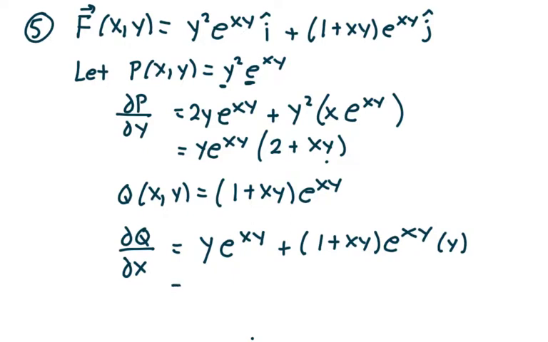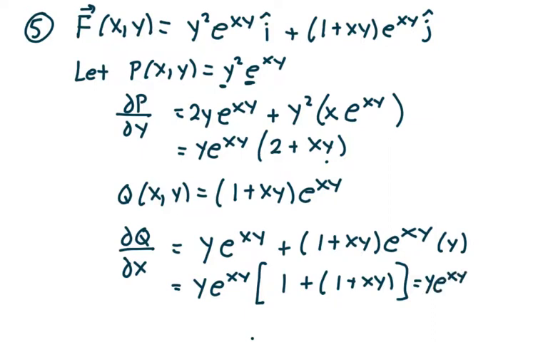And so if I factor out a y e to the xy, I'm going to get 1 plus xy, right? But this is y e to the xy times 2 plus xy.